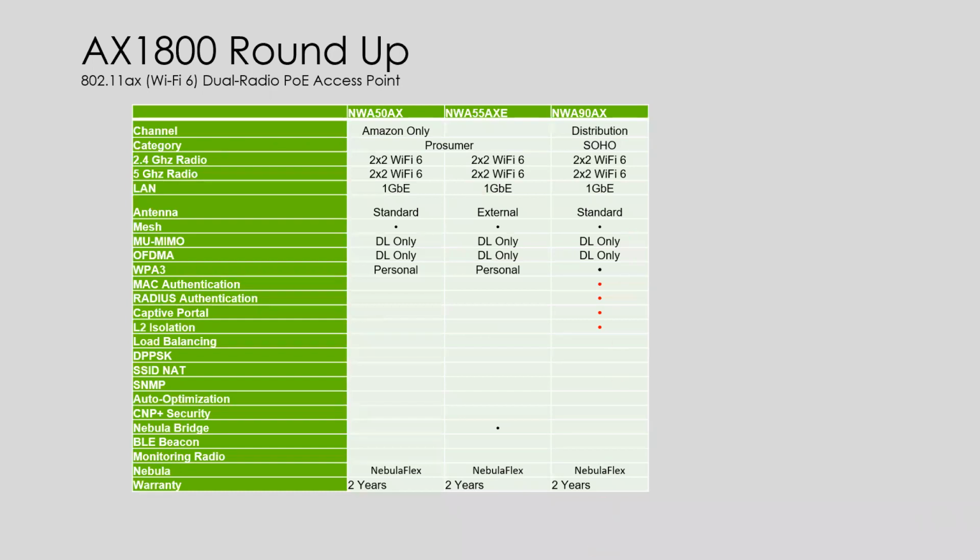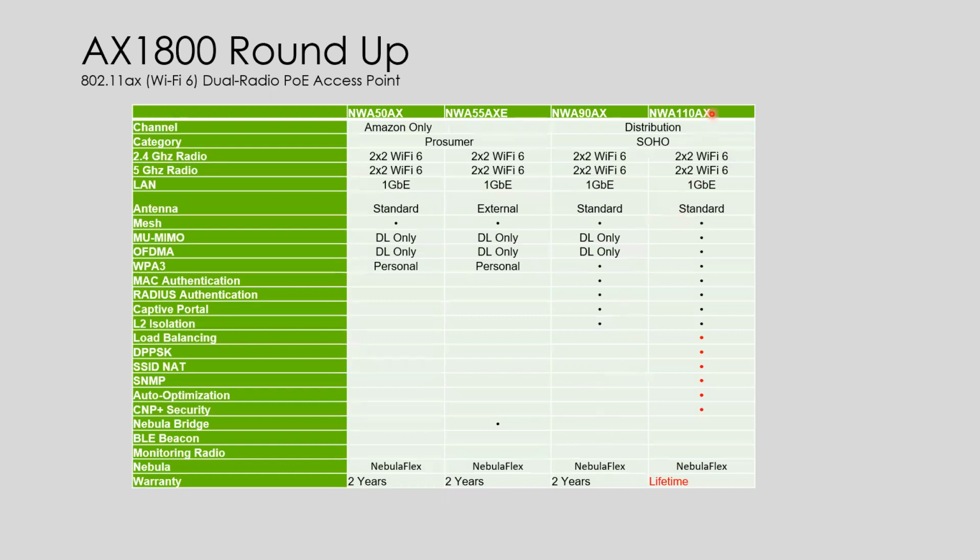Now, when we get up to our true business class products, we're looking at the NWA 110AX. So again, all of these are the same Wi-Fi 6 AX1800 technology. Now, when you jump up to the NWA 110AX, you get full Wi-Fi 6 support. So all of the core Wi-Fi 6 features are supported, unlike these guys here. And we unlock basically all of the features you would expect to find on our business class access point.